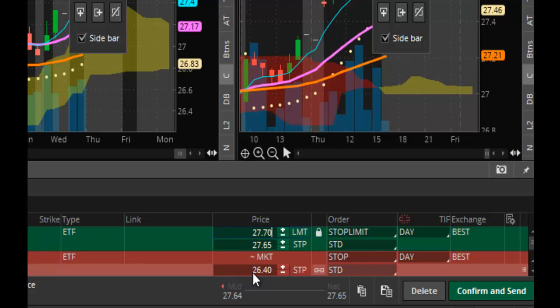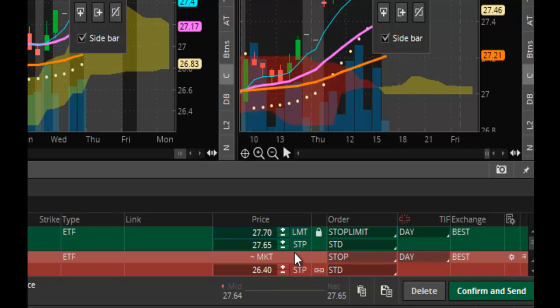As you can see, our stop loss is at the bottom, and it's red. It's a sell stop, because when you buy something, the only way to offset it is to sell something. So here's our stop loss at $26.40. Here it goes: 27.65 on a stop, 27.70 limit. This order is a stop order with a limit attached to protect you in gapping situations.